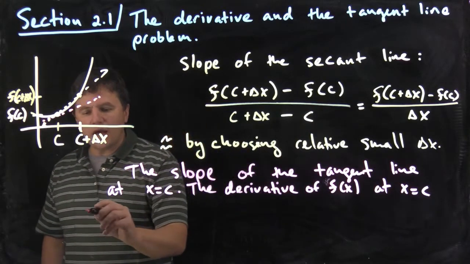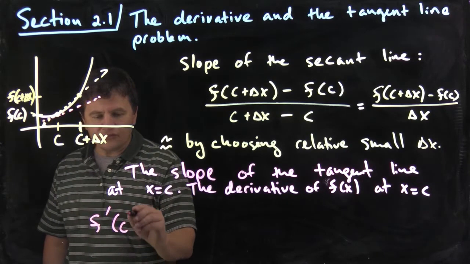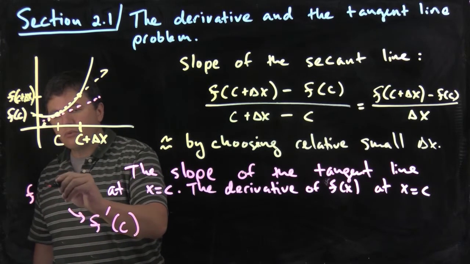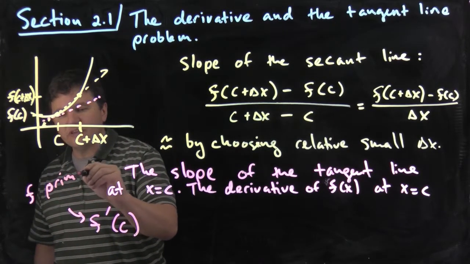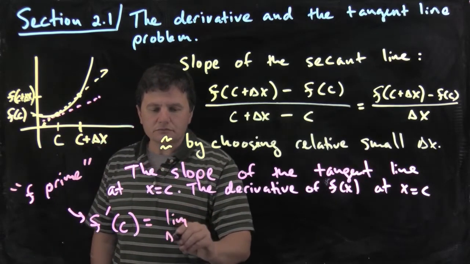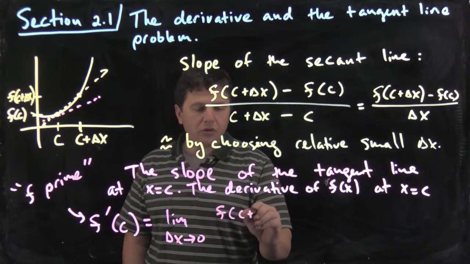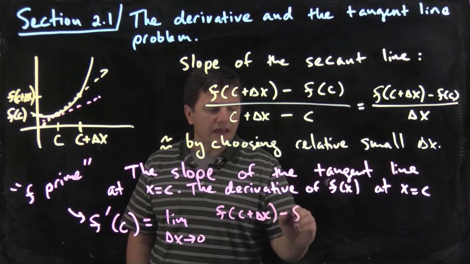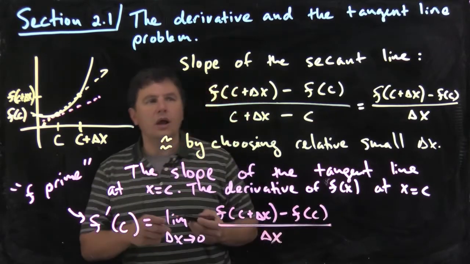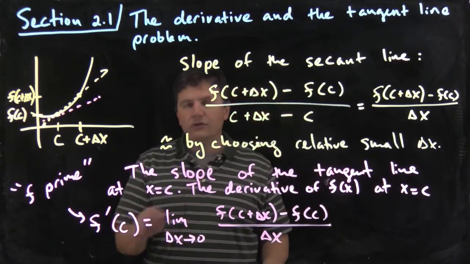Okay, so the notation here is f prime of c. f prime of c is equal to the limit as delta x goes to 0 of f of c plus delta x minus f of c over delta x. This is our definition of derivative at a value c.